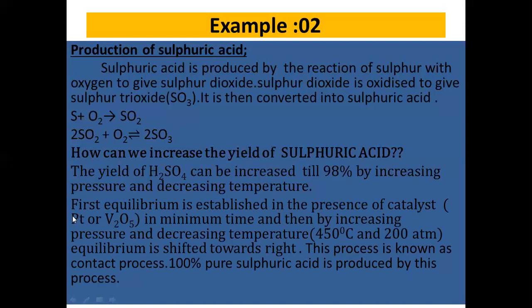We can use platinum or vanadium pentoxide, either one of these two, to reach equilibrium in minimum time. Then by increasing pressure and decreasing temperature, with temperature at 450 degrees centigrade and pressure at 200 atmospheres, we can get pure sulfuric acid. How much pure sulfuric acid? 100% sulfuric acid.